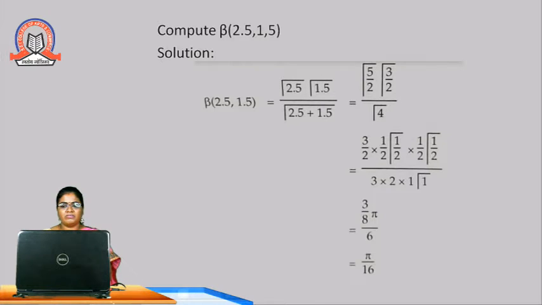Substituting the values in fraction form, 2.5 is 5 by 2 and 1.5 is 3 by 2, adding 2.5 and 1.5 we get gamma 4. Using the formula gamma of n equals (n minus 1) into gamma (n minus 1), we get this answer. Substituting gamma 1 by 2 as root pi, finally we get pi by 16.